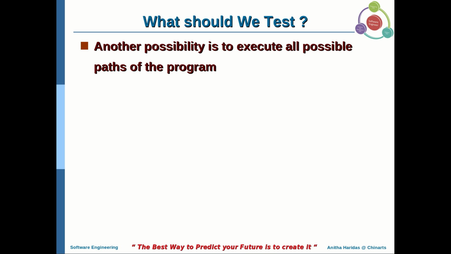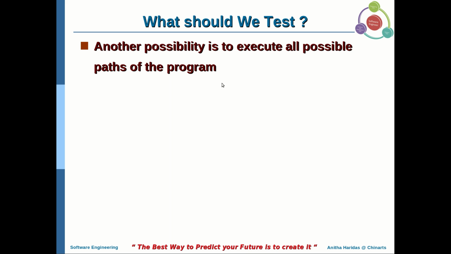So when you are writing the program, you have a condition, and for the condition you have a true part and a false part. So when you test, you have to give a true case and you have to give a false case also. So there are two parts for that particular if condition, so that must be executed.